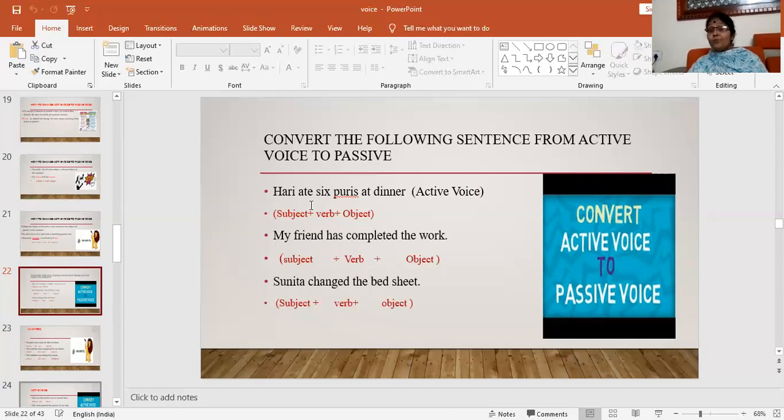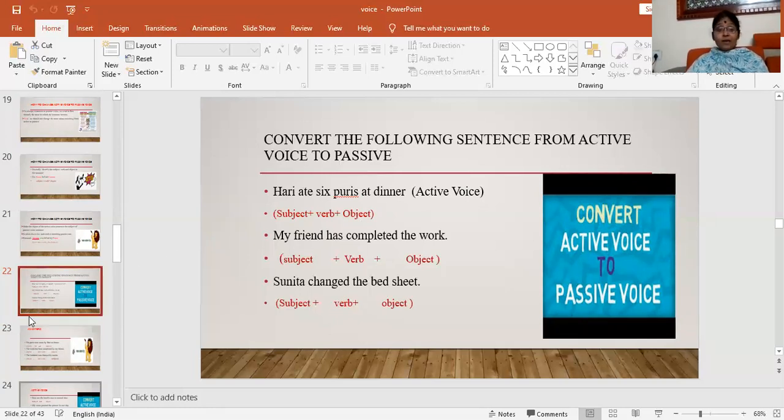Now what you have to do? First you have to identify subject, verb, and object. Which is the subject? Hari is the subject, ate is the verb, and puris is the object. So now what we will do? Object will come first and subject will go last, and make the necessary changes with your verb. Now you do it.